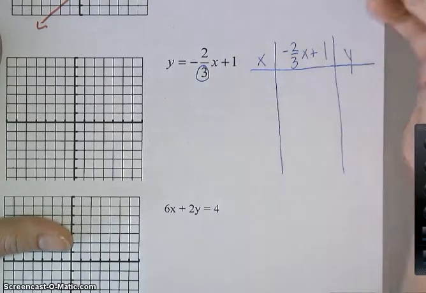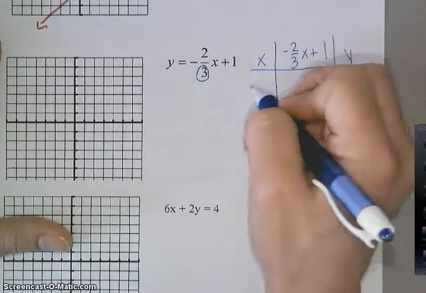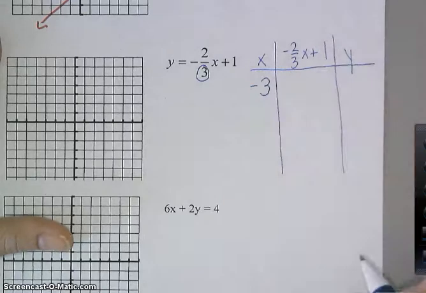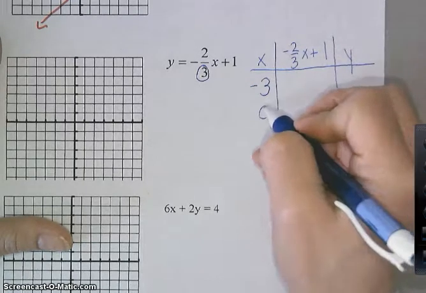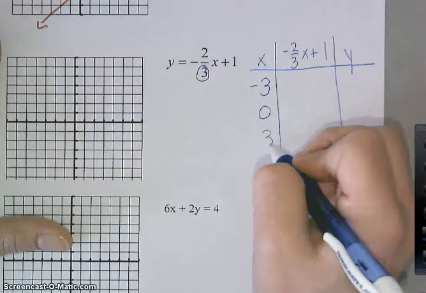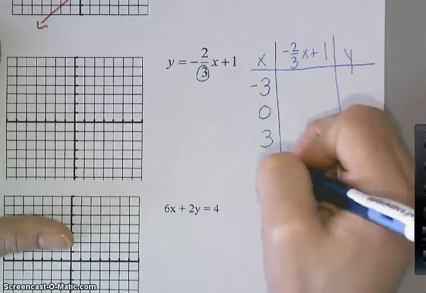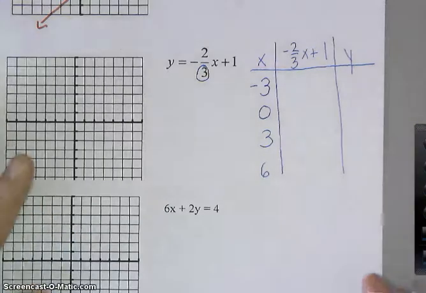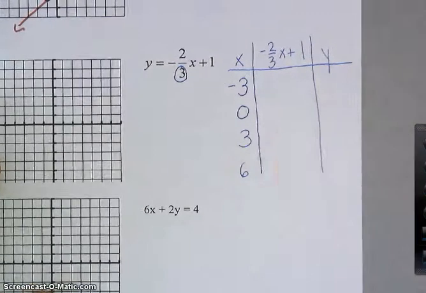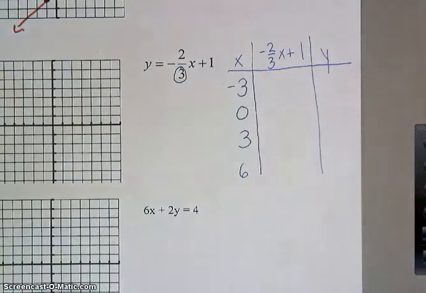So sticking with the same way that we've done our other ones, we're going to have one negative coordinate, which is negative 3. 0 is always a good number. 3 is our next multiple of 3, and then 6. So now when I plug these numbers into my function, I'm not going to end up with a fraction answer.